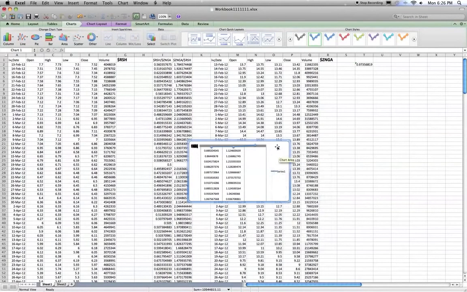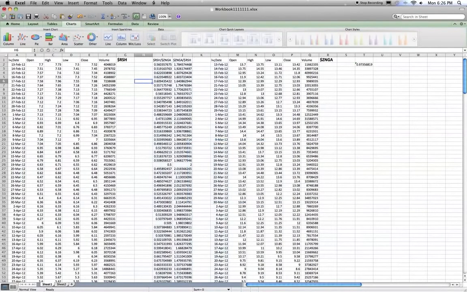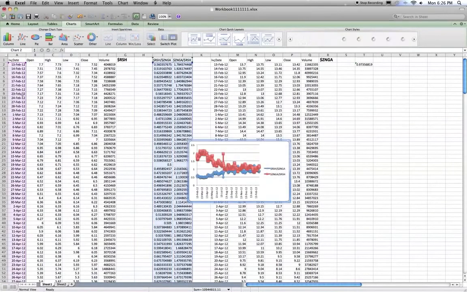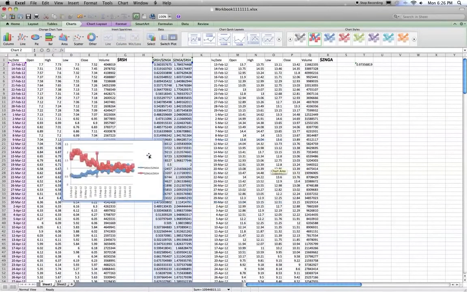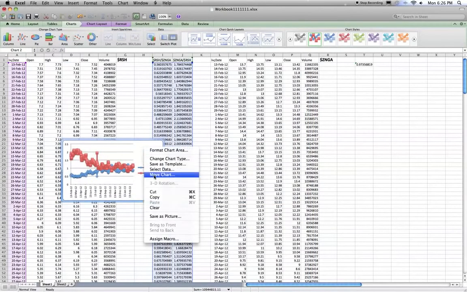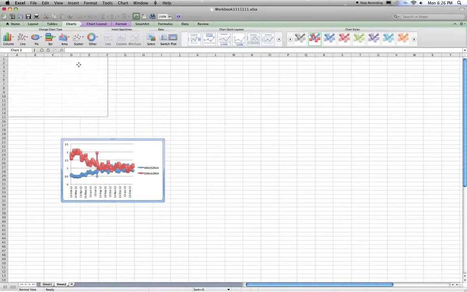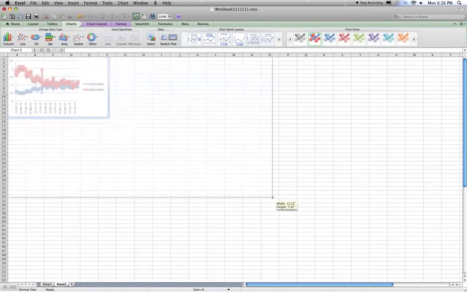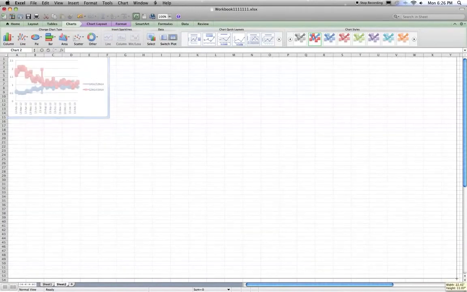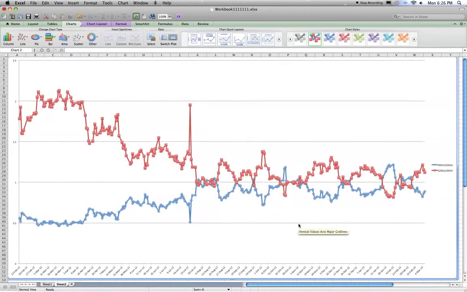Okay, so we're going to get a chart that looks like this. We'll just move it to the other sheet that we opened, a blank sheet, and open this up a little bit. So now what does this mean, right?